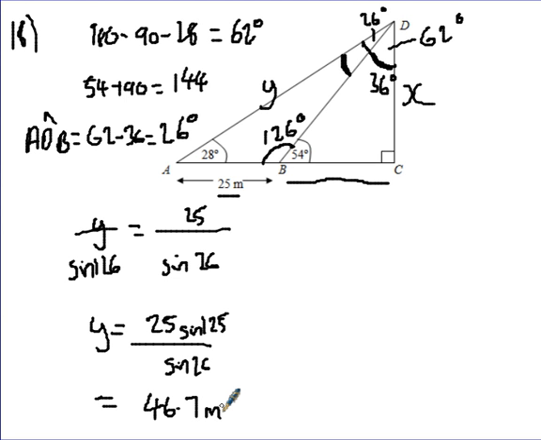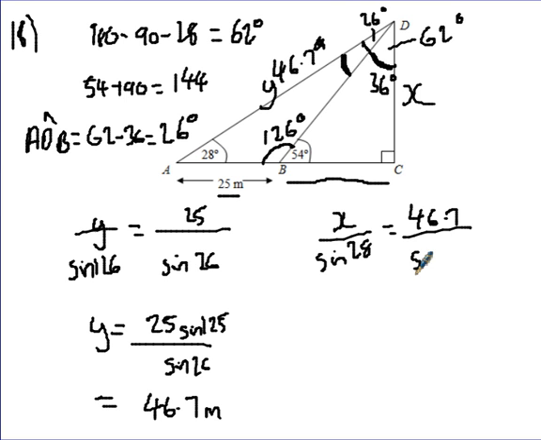What does that tell us? Well, AD then, that's 46.7. We know this is 90, and we also know this angle is 28, so I can work out what x would be, because I can use the sine rule again. X over sine 28 equals this value here over this. Well, that's not in degrees. It's 46.7 over sine of 90.